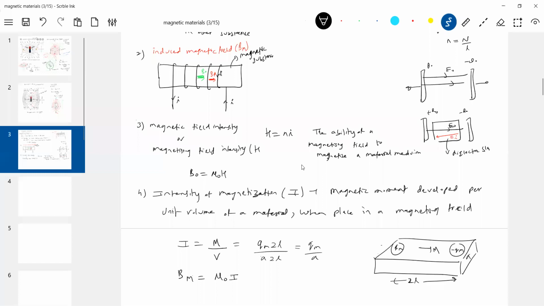So the induced magnetic field Bm equals mu naught into Im. Some books give the symbol capital I, you may get confused with the current. Intensity of magnetization, I think in SCRMA you follow this symbol.